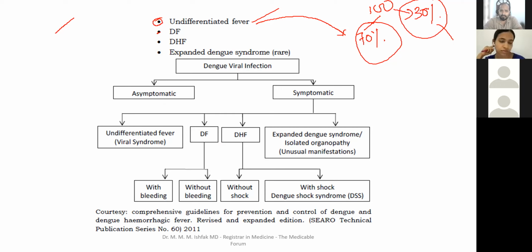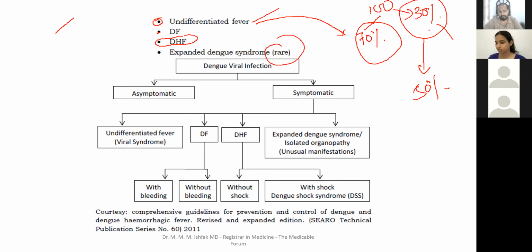Now, out of that 30%, only 50% will show signs of plasma leakage, which we call dengue hemorrhagic fever, right? And this one is extremely rare, where you have other organ manifestations like dengue liver failure, dengue encephalitis, dengue myocarditis, right?